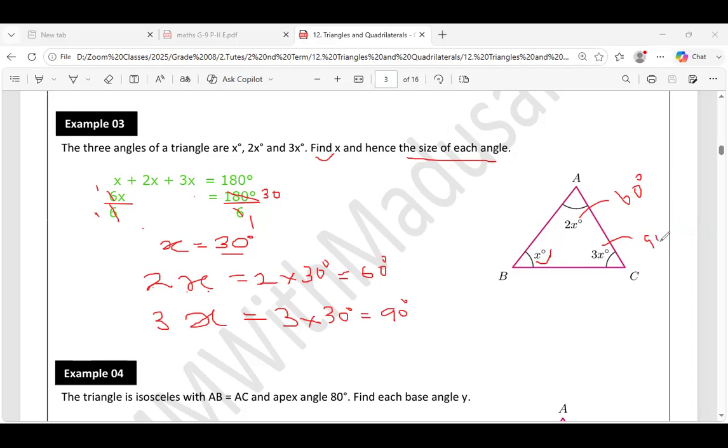Actually this should be 90, though it does not look like 90. So these should be the answers: 2x means 60 degrees, 3x means 90 degrees.